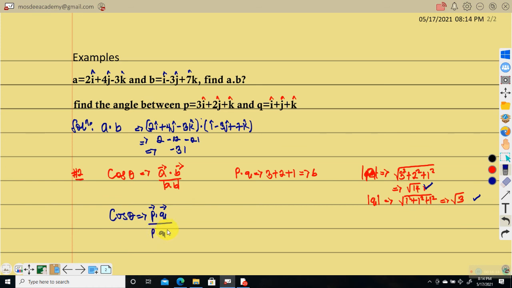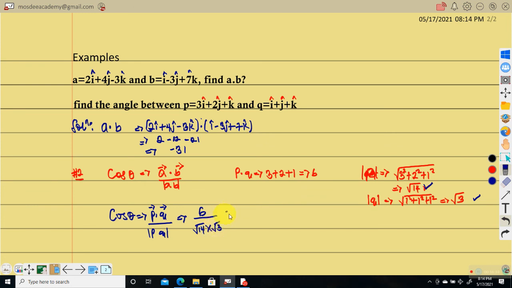Directly, we can now put in the values. Here P dot Q gives us 6, divided by the product of the magnitude of P, which is square root of 14, multiplied by the magnitude of Q, which is square root of 3.